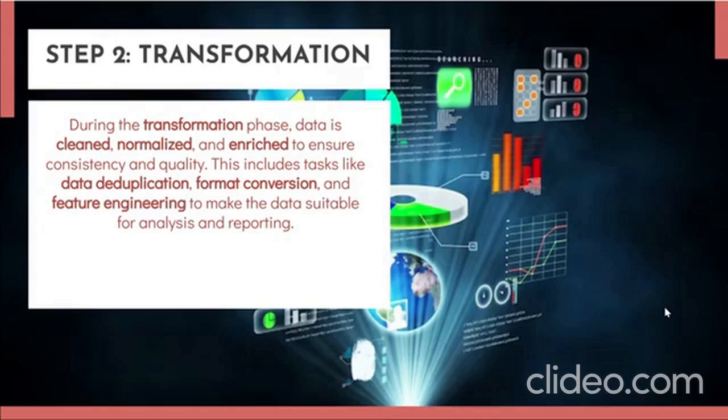This phase includes data deduplication, format conversion, and featuring, so that the data will be useful for reporting and analytics purposes. The common transformations are data filtering, data mapping, data deduplication, joining the data, and splitting the data.